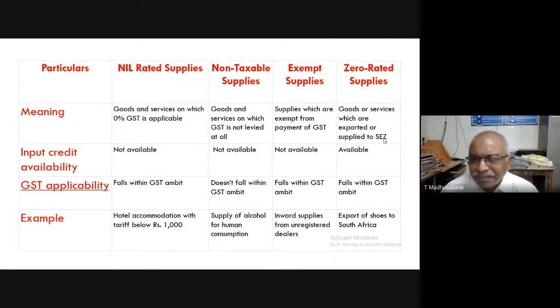The example is export of shoes to South Africa. That means exporting goods or services to some other country is zero rated supplies. So these are four similar types of concepts, with small variations among them under GST.